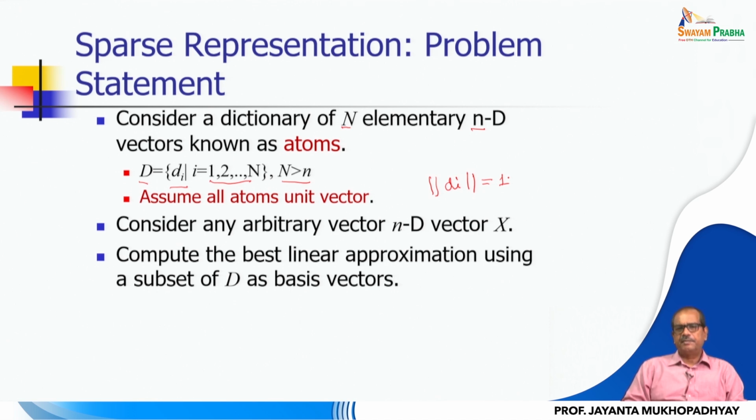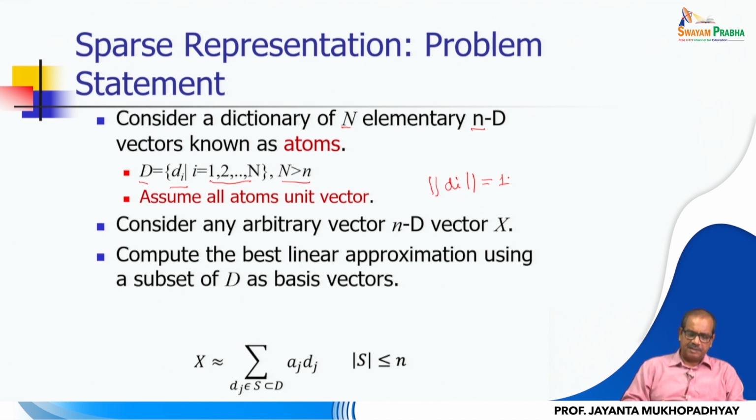The way basis vectors are defined, we discussed in image compression or vector compression or signal compression. It is also in the same spirit. So these atoms act like basis vectors, and we can represent x as a linear combination of these vectors. It may not be required that all the atoms are used for this linear combination. A few of them will be sufficient, and that is the sparsity.